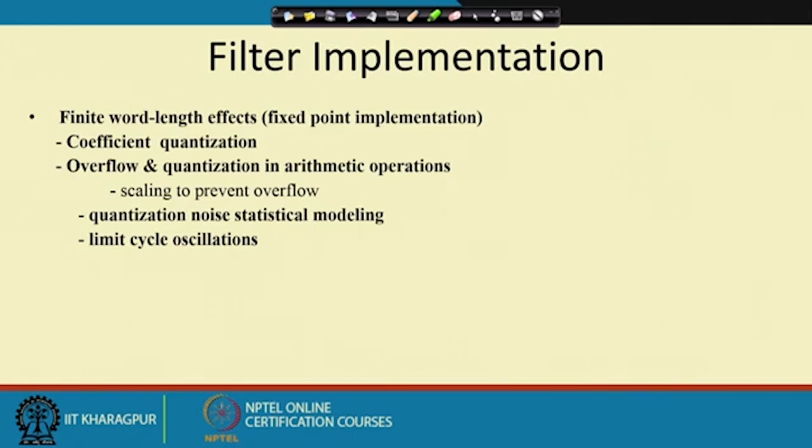Less than 1 means they are represented through floating point only, but whenever we build the filter implementation using hardware, I have to convert it to fixed point, right. So, for that I need to do the quantization of the coefficients. Quantization of the coefficients means if I represent the data in floating point, the fractional part may be 32 bits long.